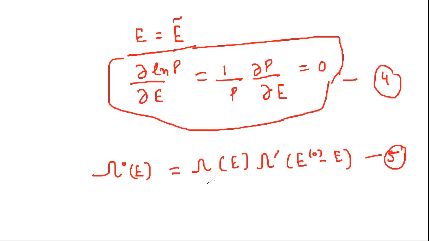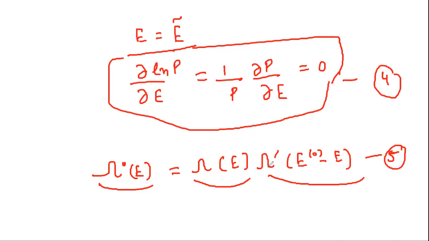Understand it. This is the number of states accessible to system A, right? This is the number of states accessible to system A prime, right? This is the number of states accessible to the combined system A naught, my left hand side.